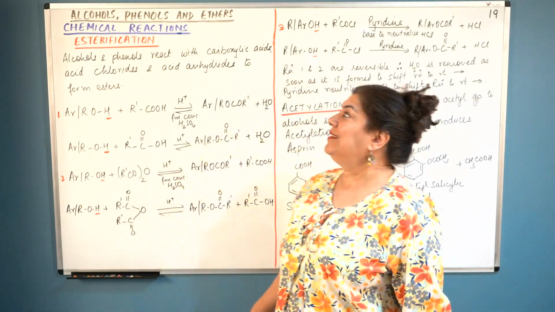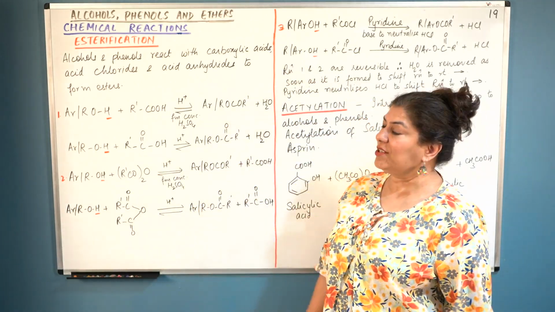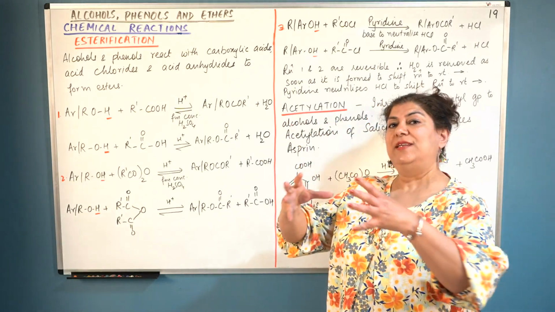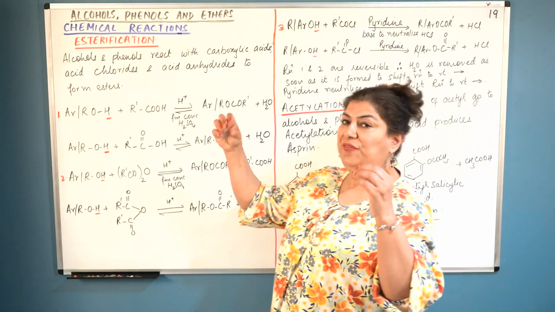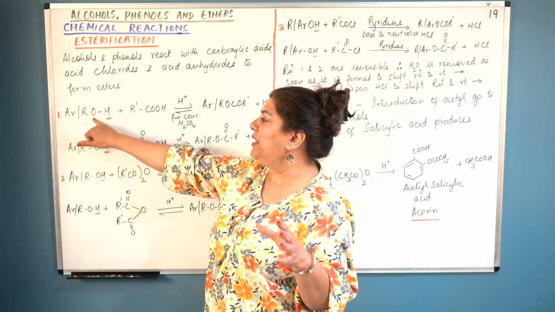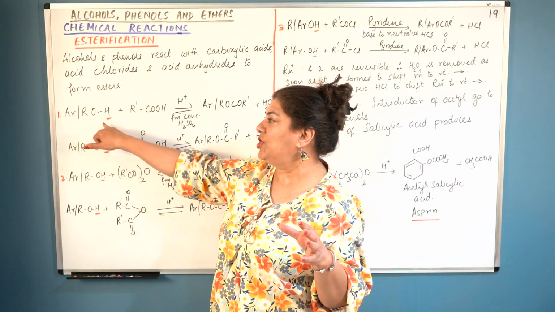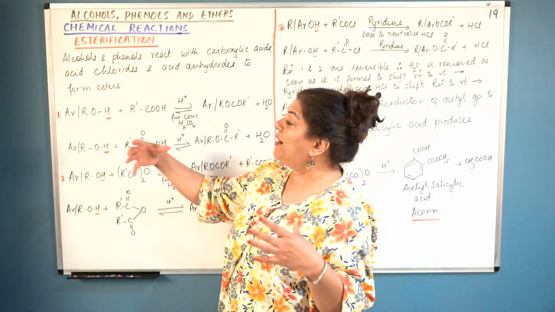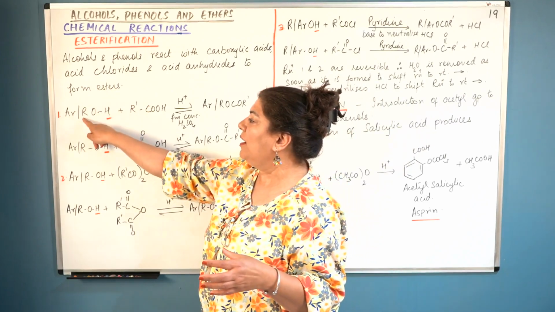We have been discussing the chemical properties or chemical reactions of alcohols and phenols. We divided these into two categories: the first category is where the breaking of the bond takes place between oxygen and hydrogen, and the second category is where the bond breaks between carbon and oxygen.